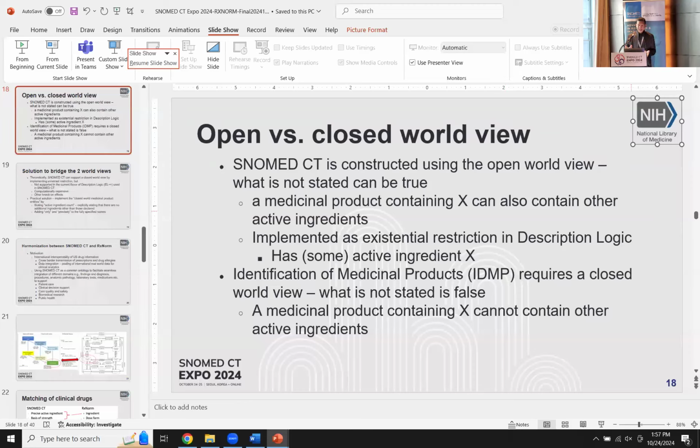So in the standard that is the IDMP, or Identification of Medicinal Products standard, it requires a closed world view. That is, when we say that a medicinal product contains X, it cannot contain other active ingredients. So what is not stated is false. So how can we bridge between the two views?